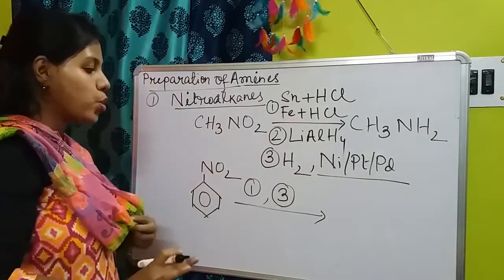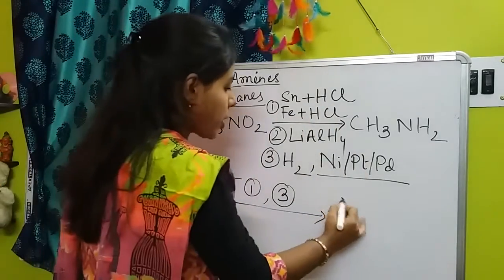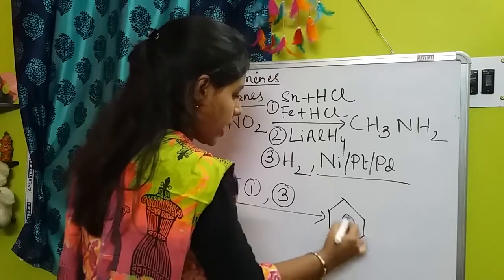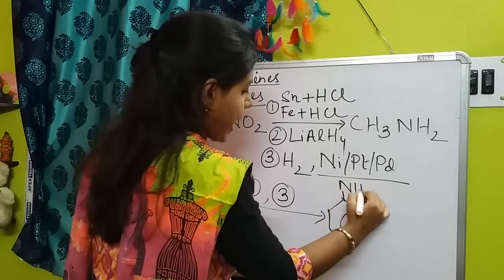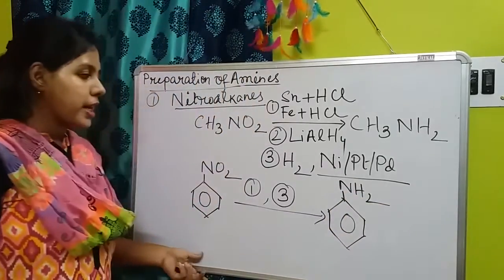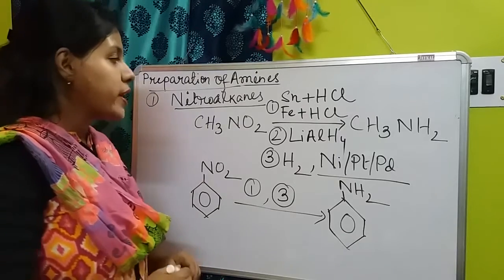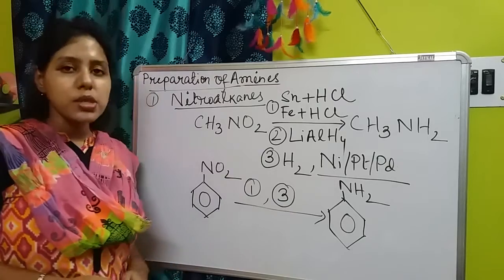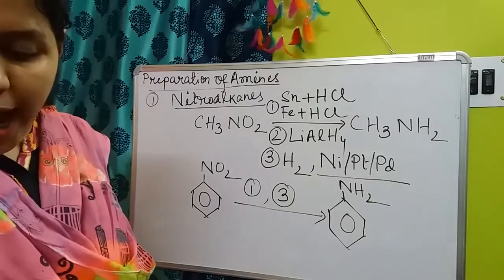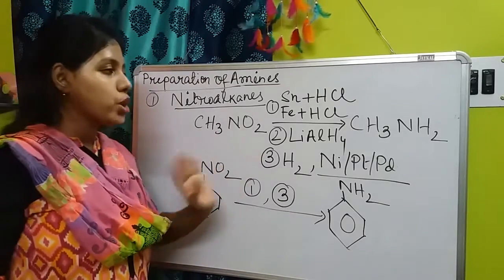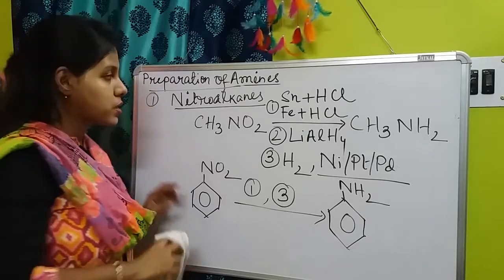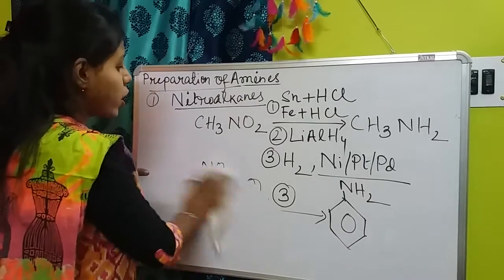These two can be used for this case. Both of them give aniline. Clear? So by this way we can reduce the nitro compounds, nitroalkanes or aromatic nitro compounds, into their respective amine compounds. I hope this is clear for you all.